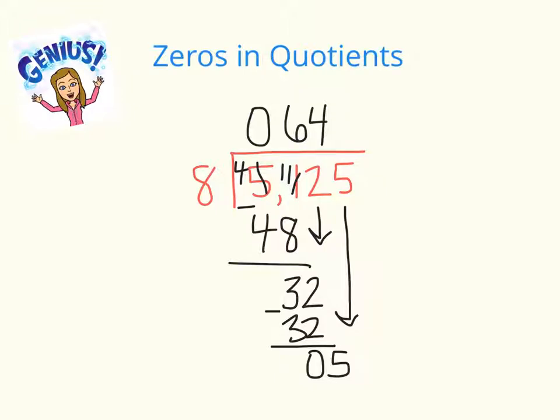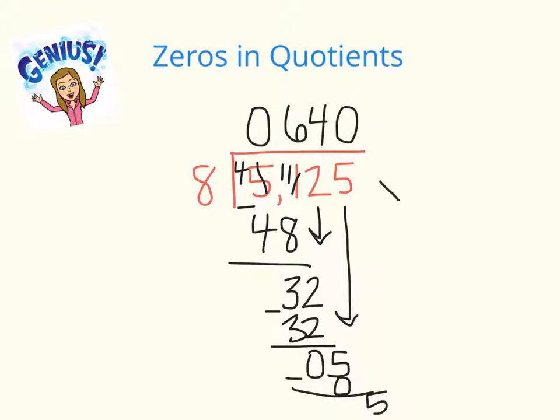Okay, so here we run into another issue. I've brought down the next number, and 8 does not go into 5. 8 is too large, so I have to put up a 0 because I just brought that number down. And then I take 8 times 0, which is 0, subtract, and I get 5.